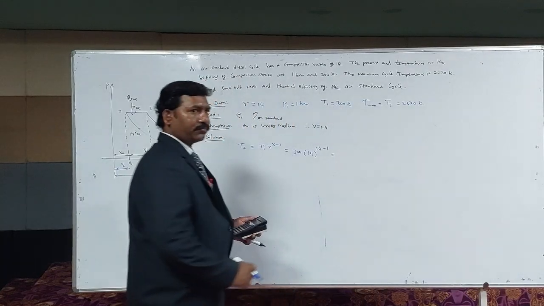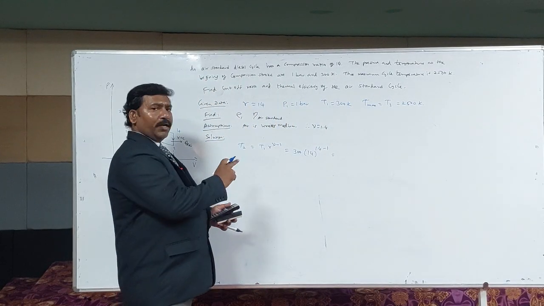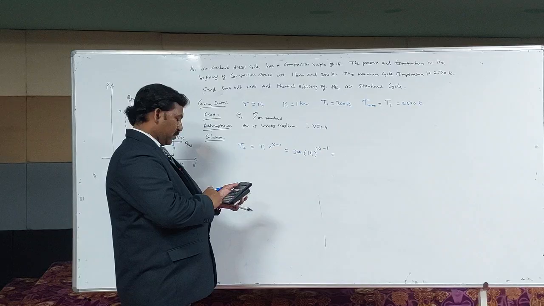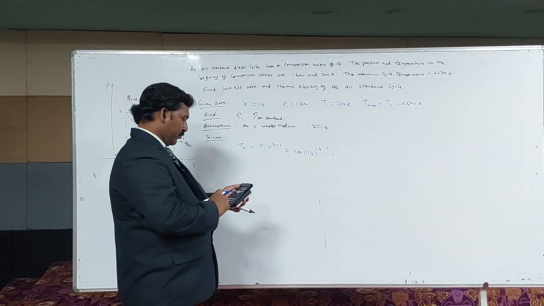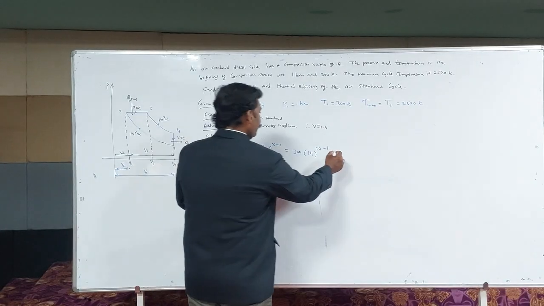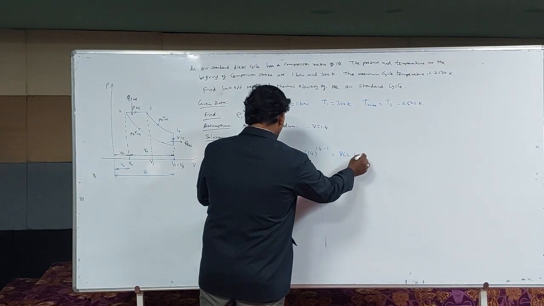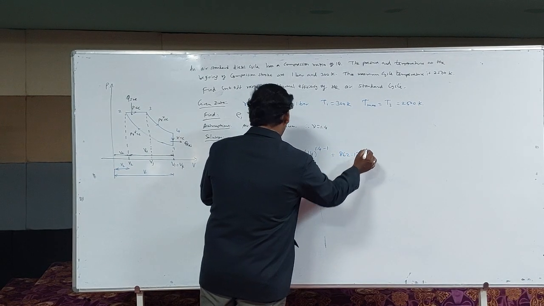So, now we have to calculate T2. So 300 into 14 power 0.4 is 862.13 Kelvin.